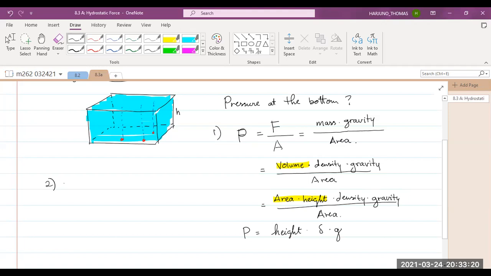The second important thing is that the pressure at a point is the same in every direction.